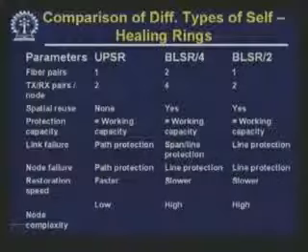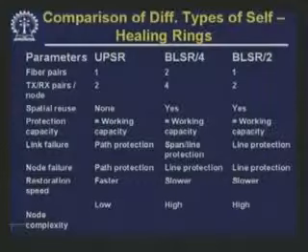So we can compare the 3: UPSR, BLSR 4 and BLSR 2. For example, fiber pairs are 1, 2 and 1, and transmission receiver pairs are 2, 4 and 2. Spatial reuse in UPSR is none, in BLSR 4 and BLSR 2 it is there. Protection capacity is equal to the working capacity.